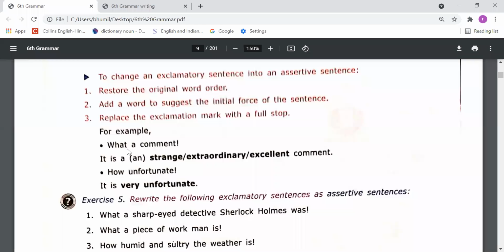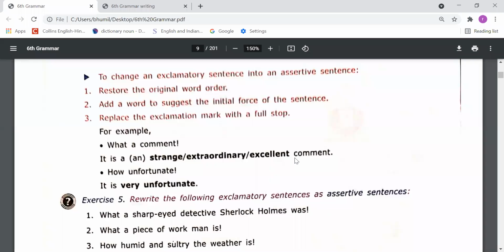For example, what a comment. So that is the exclamatory sentence. The exclamation mark we have added here. You can see that. So it is a or an strange, extraordinary, excellent comment. Suppose that someone has given a comment, right? This comment can be strange, can be extraordinary, can be excellent, can be good, can be bad, just for showing your emotions regarding that comment.